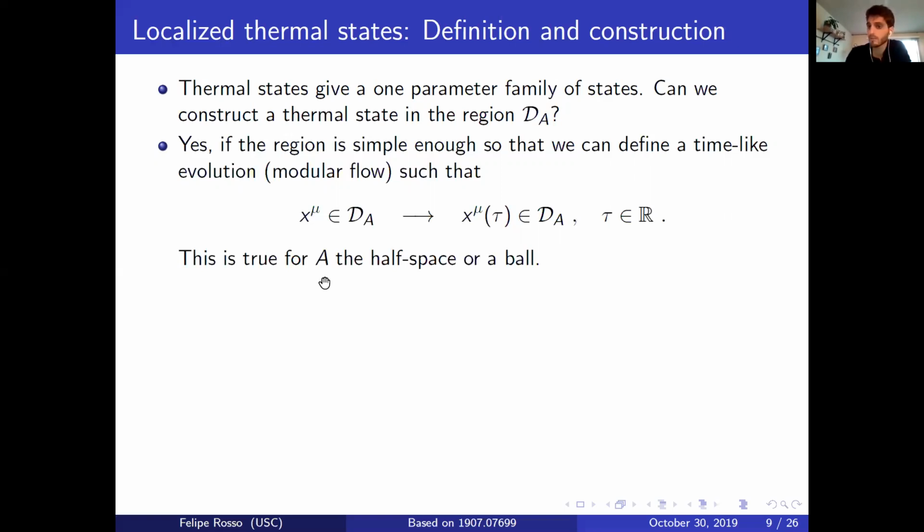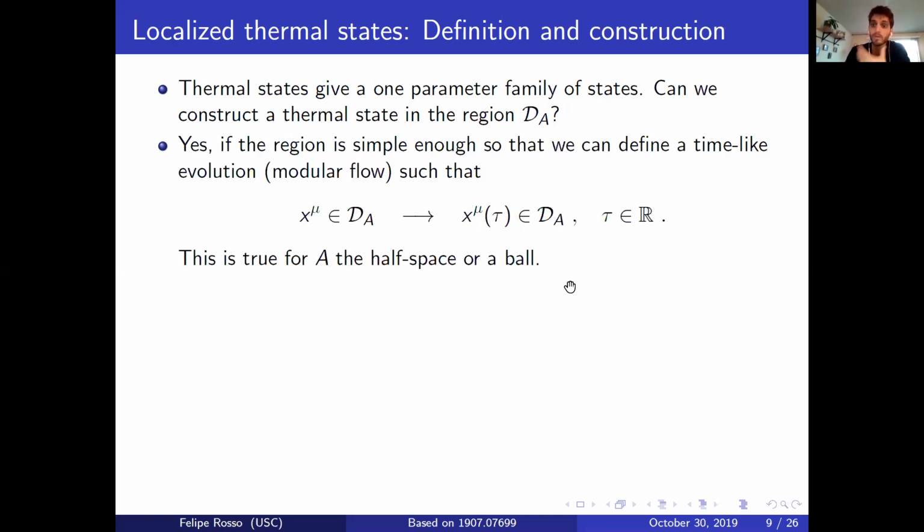In general, this is not true. If you take an arbitrary region in a quantum field theory or in a conformal field theory, you will not be able to do so. However, it is true for the case of the half space, whose causal domain is the Rindler wedge, or a ball, okay. In those simple cases, you can actually do that.